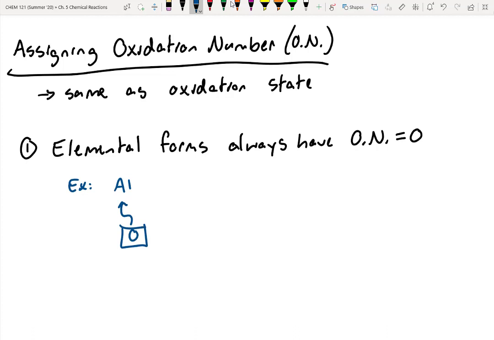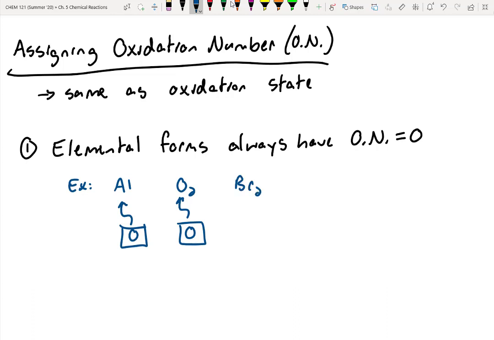All right, let's take a look at another one. What about O2? Well, some people will look at this and they'll say, well, it's 2 oxygen atoms. But remember, it's still elemental. It's just made up of oxygen atoms. So this is the natural state of oxygen atoms in our world. So the oxidation number is going to be 0. Same thing with something like bromine.